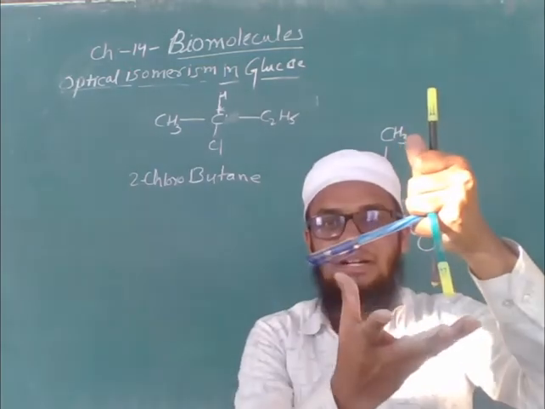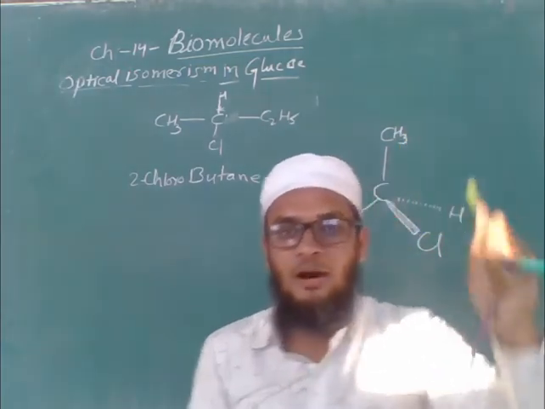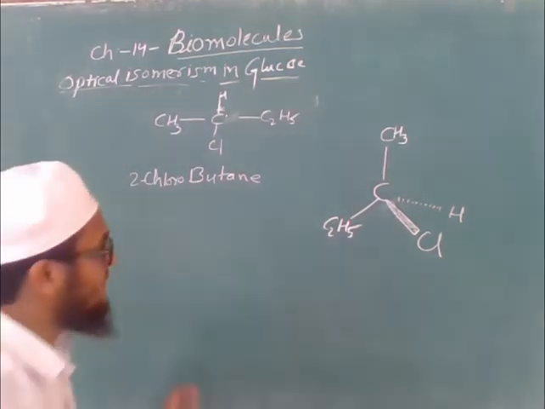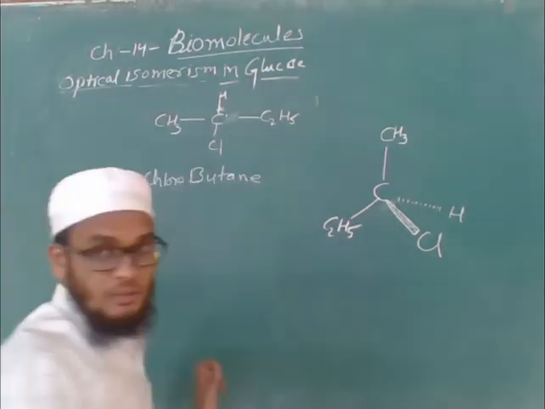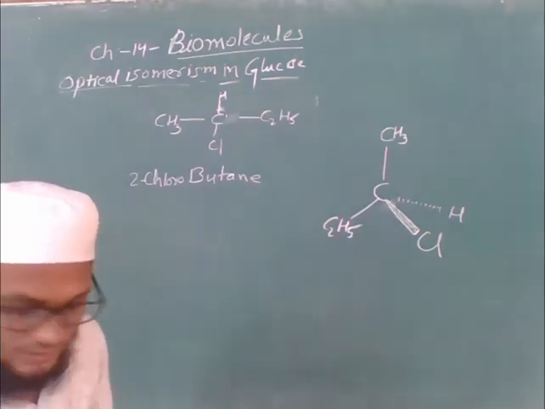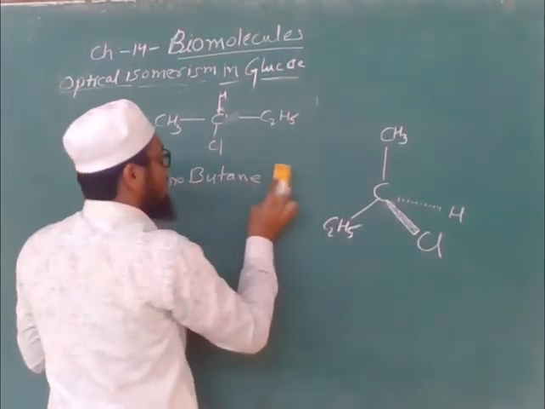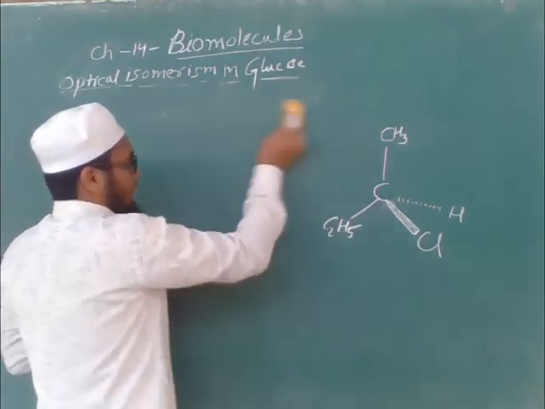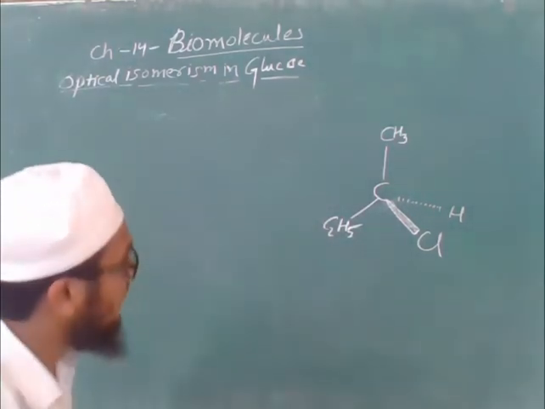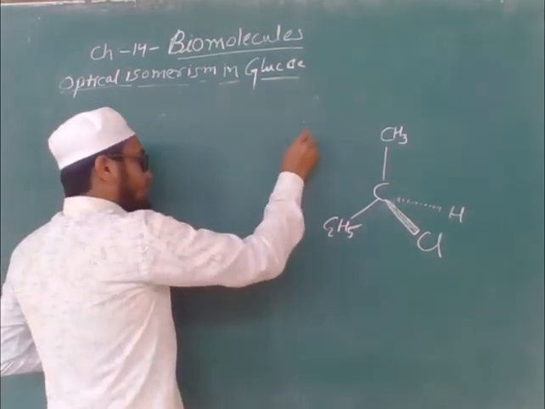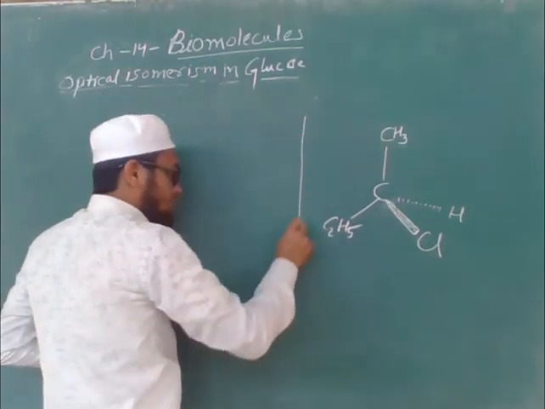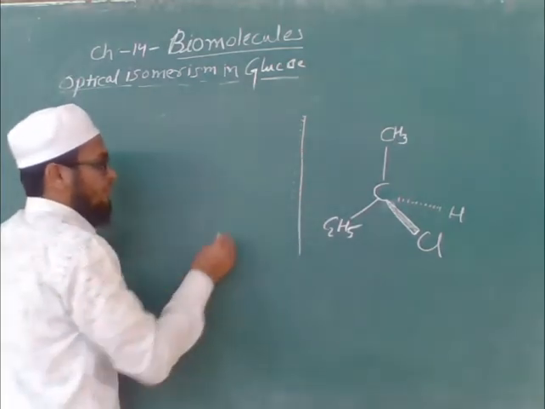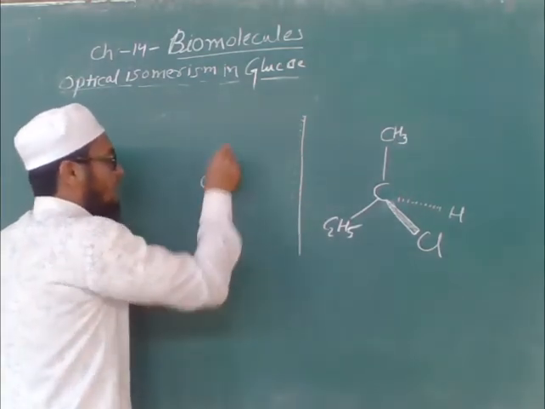So this is our tetrahedral carbon. Now I have to draw its mirror image. So what will be its mirror image? I will keep mirror here. Okay. This one is our chiral carbon.